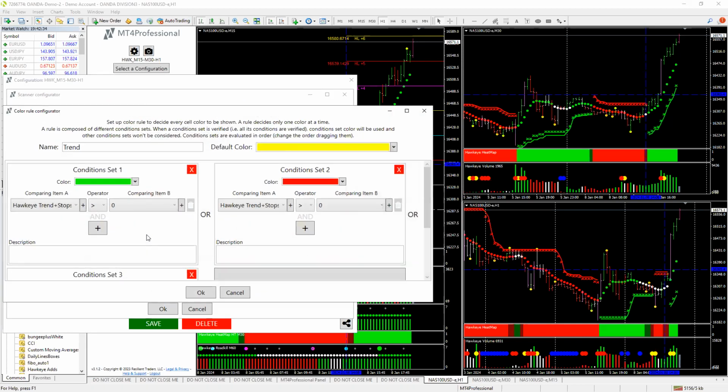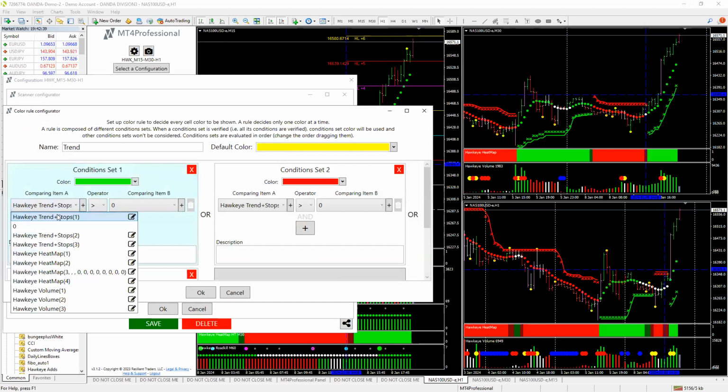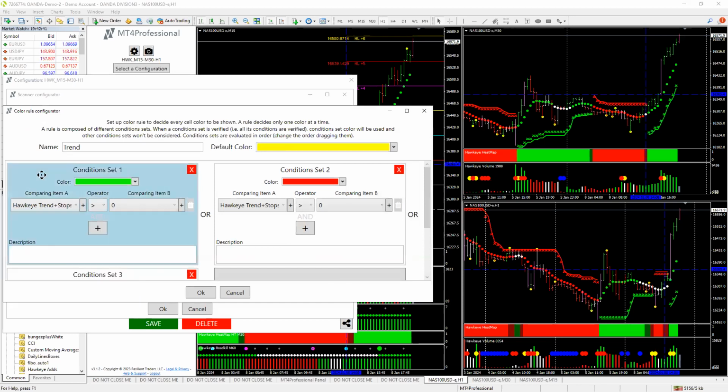So, for example, the trend and stops indicator, you simply load the indicator here, you set the conditions, and if the trend and stops indicator triggers as a green trend dot, then that's what greater than 0 is. On the first line, if it turns itself on, it's going to be greater than 0.